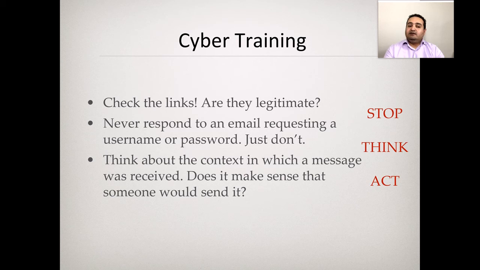And then never respond to any email that is requesting some private information about you, such as your username or password. And then think about the context of this message that you have received. Does it really make sense? And last but not least, you will need to act on it.